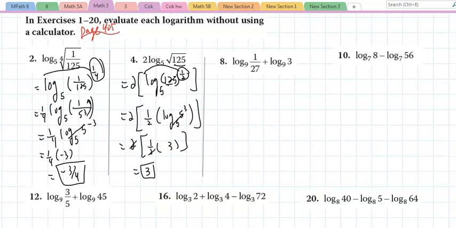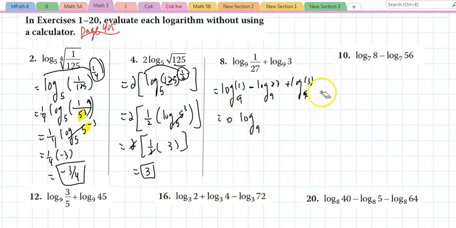Number 8. Now here I did move this up. I have another option. I could also say, you know what, this is the log base 9 of 1 minus the log base 9 of 27 plus the log base 9 of 3. Log base 9 of 1 is 0. I'm putting them in that order so you could see by the second law of logs that this equal.